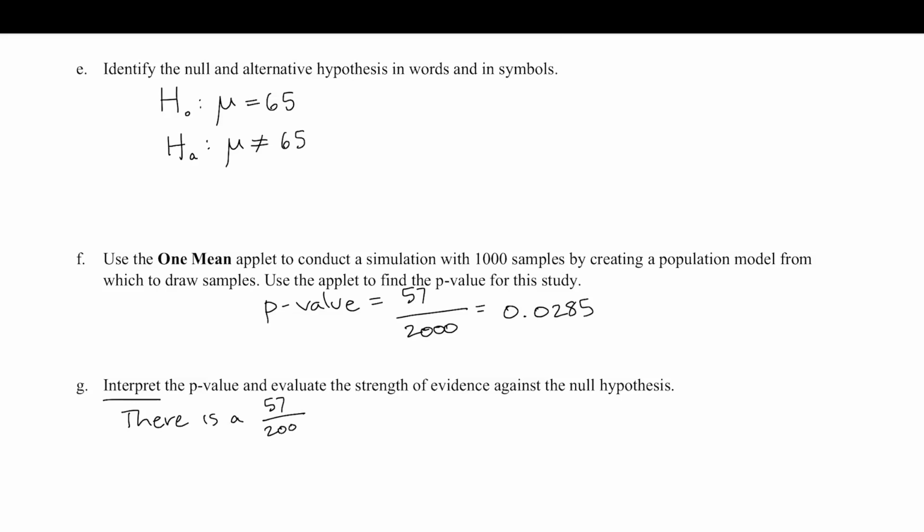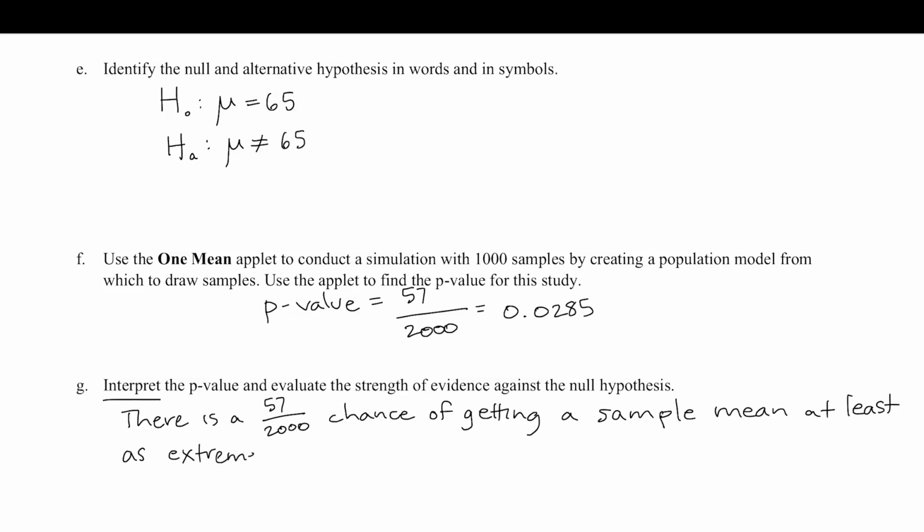There is a 57 out of 2,000, or you could write the decimal, 0.0285 chance of getting a sample mean at least as extreme as the 64.3, and actually, let me put the symbol with that as well.